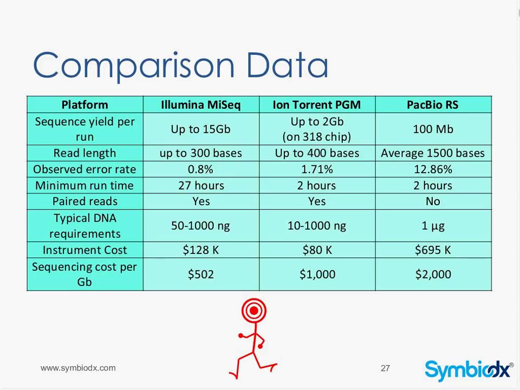The things that people typically think about are the sequence yield per run, in other words, how much sequence can you do at one time? The MiSeq can do up to 15 gigabases, whereas the Ion Torrent 318 chip that most people are using clinically can only do up to 2 gigabases on one run.